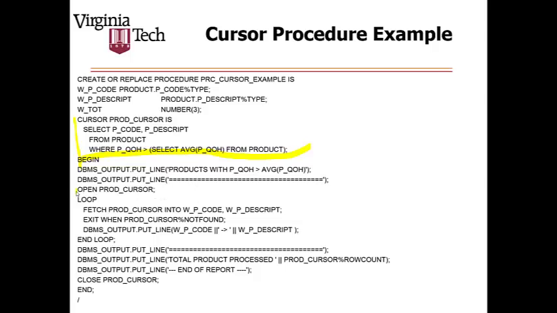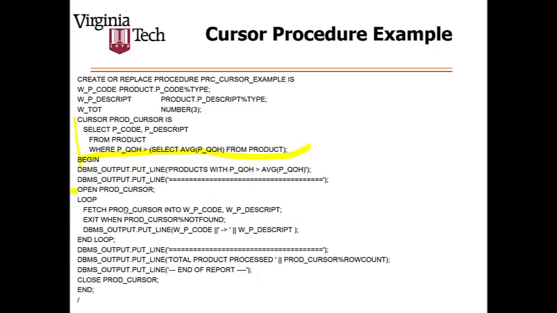Then we have this statement which actually executes the select. It opens the cursor, meaning that it sends the select statement to the DBMS. The DBMS then parses it, figures out the result set, and sends that result set back to our cursor, making it available through our program.